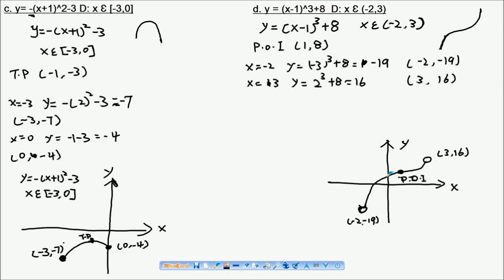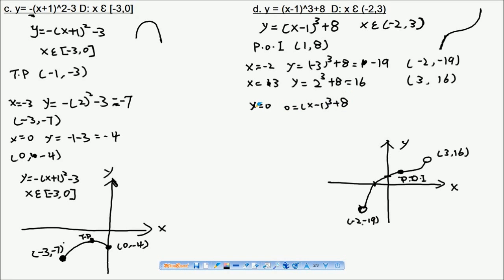And from the graph, we can say there is one x-intercept and one y-intercept. We have to find them out. The x-intercept is when y equals 0, so we have 0 equals (x minus 1) cubed plus 8.